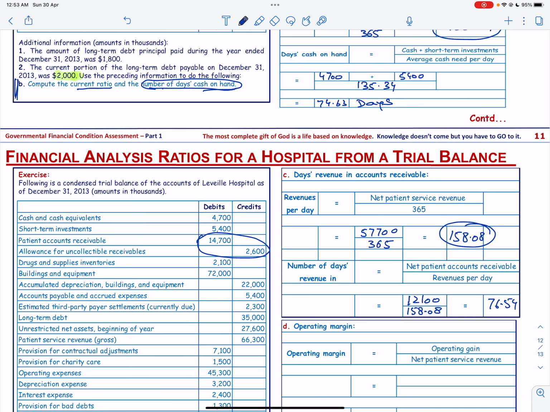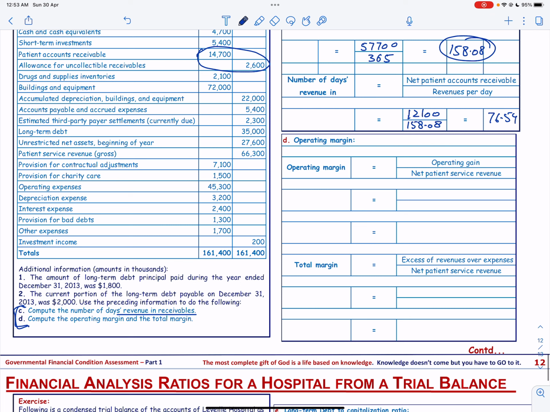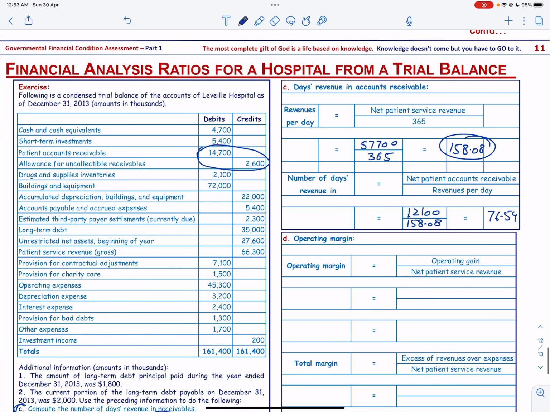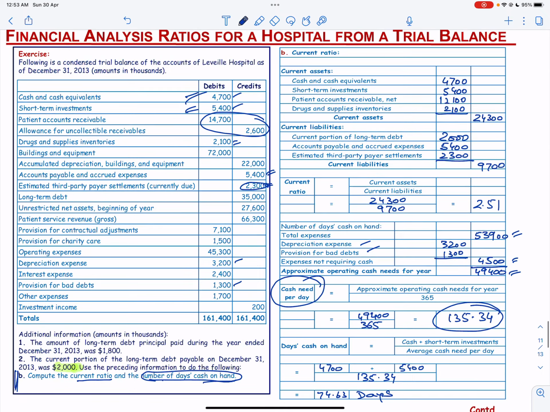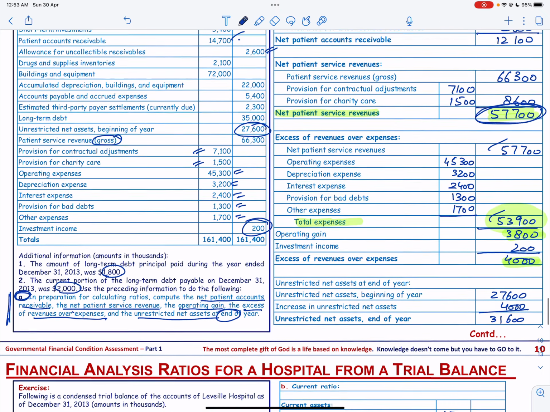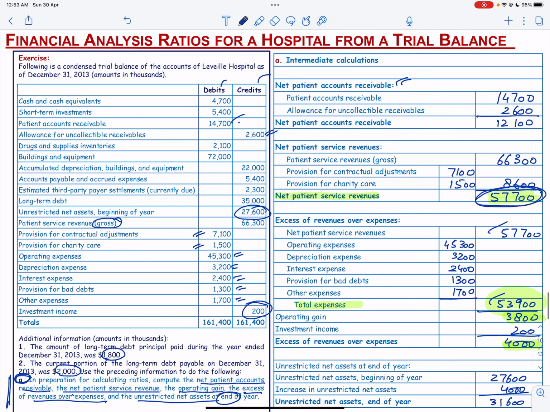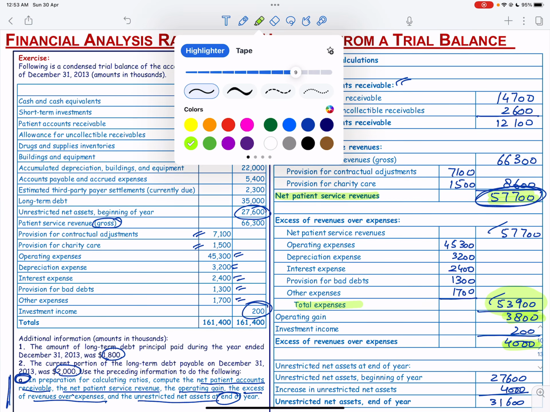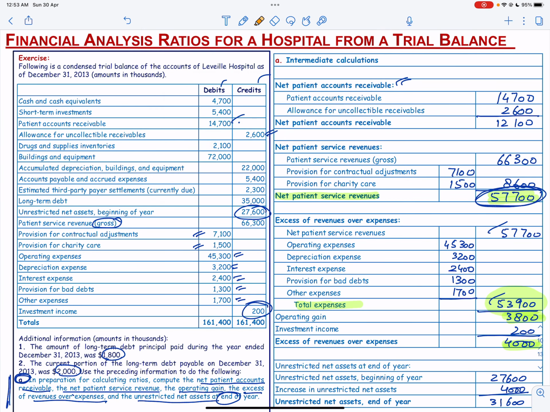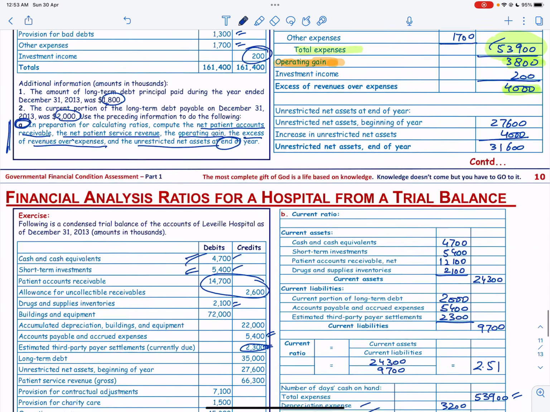Next, we go to part D, and they say compute operating margin and the total margin. So operating margin is the operating gain, and operating gain was 3,800.